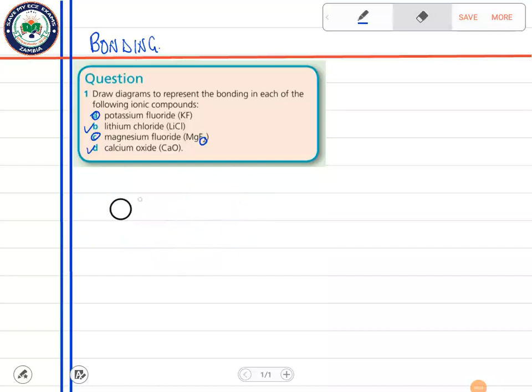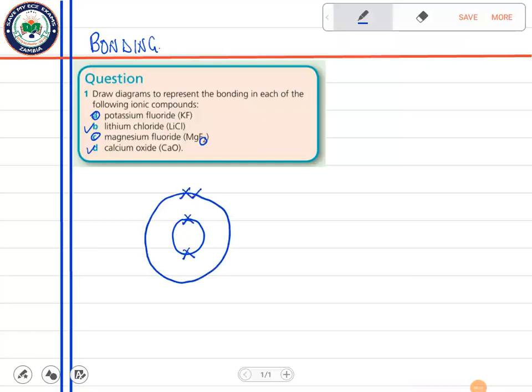Let's just begin. So starting with magnesium, we have that and we have that. Like I said, I'm just showing those shells that are involved in bonding, like that. So this is the last shell after 2 electrons have been lost.